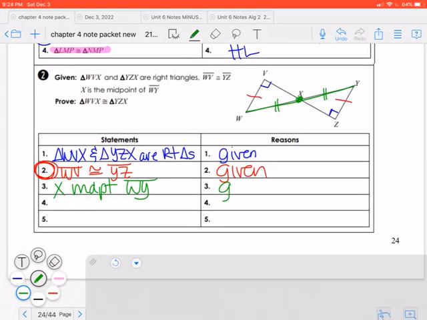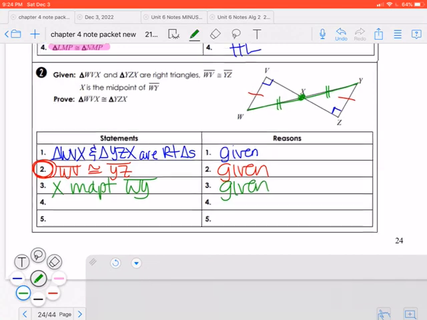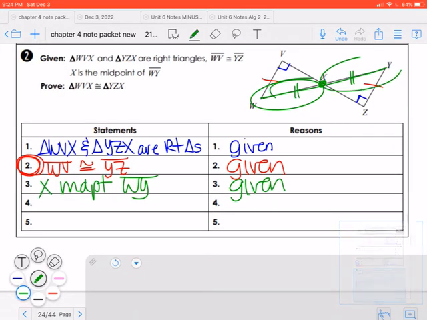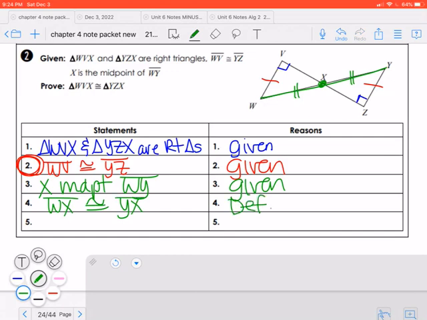First I've got to put that was given. So now we can say those two sides are equal to each other. WX is congruent to YX, and the reason being that it's the definition of midpoint.